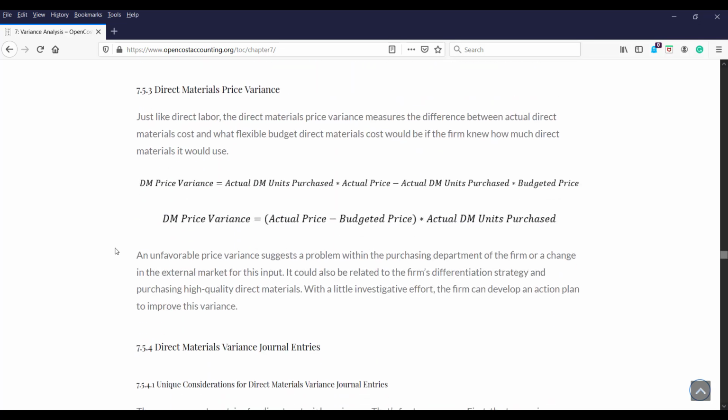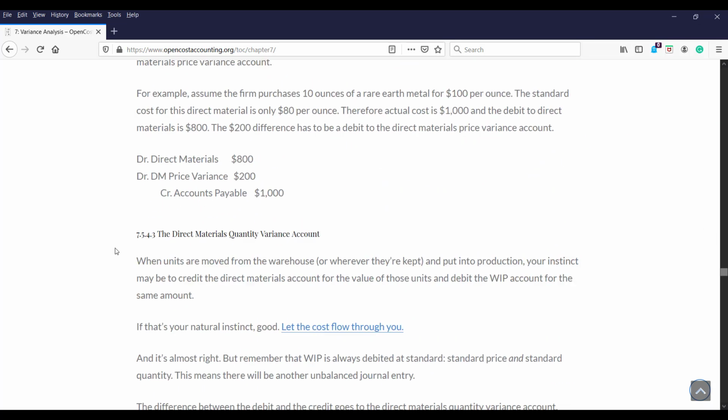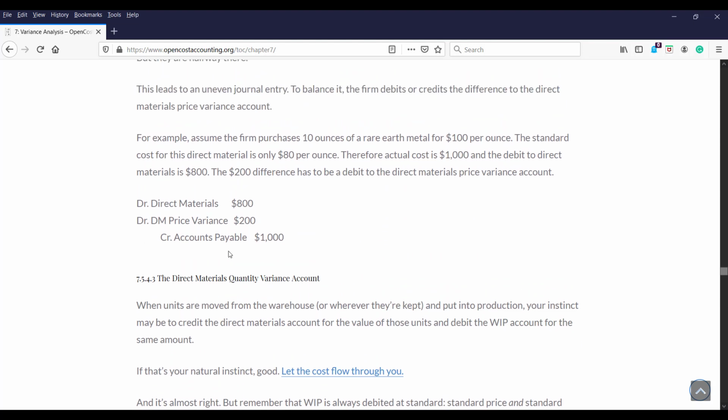Okay, and that corresponds directly with our 3 areas of the journal entry. Our accounts payable is the actual amount we owe for the purchase, the actual cost of the purchase, $1,000. You've got to record that at actual.